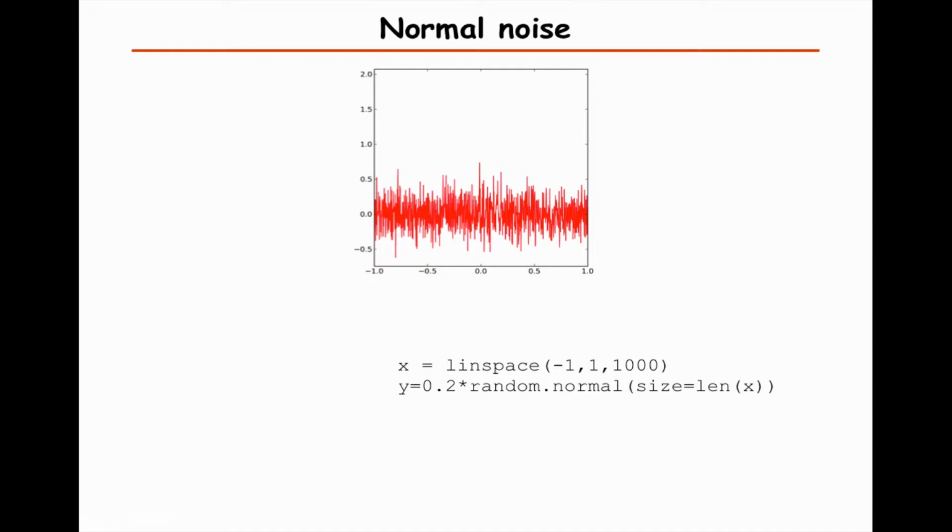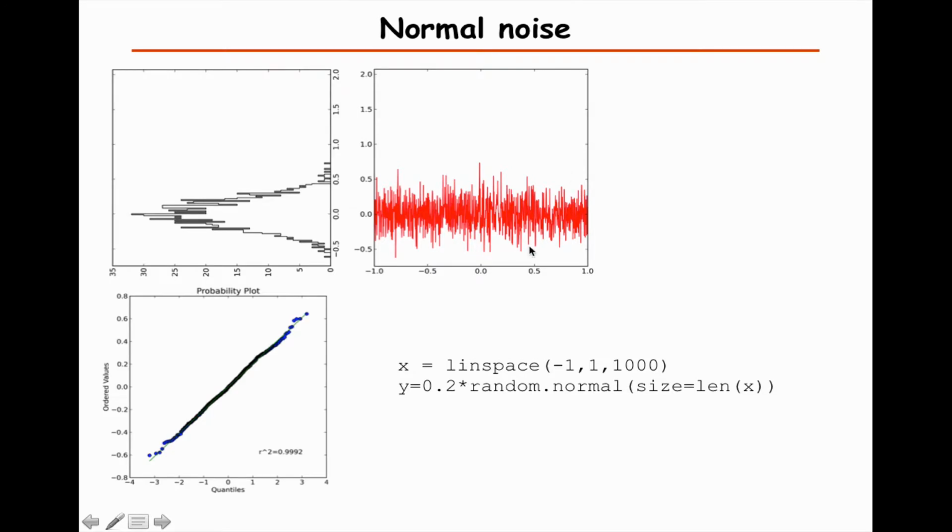So now, since we always have both the signal and noise, we're going to look at normal noise. This is simply Gaussian noise that we have generated with Python's random number generator. We see that we have this random noise, and if we plot it as a histogram, this deviation from zero, we see that it looks nicely distributed as a Gaussian.